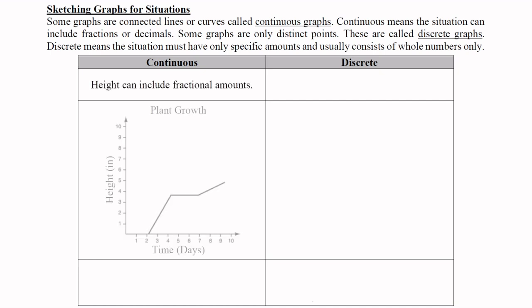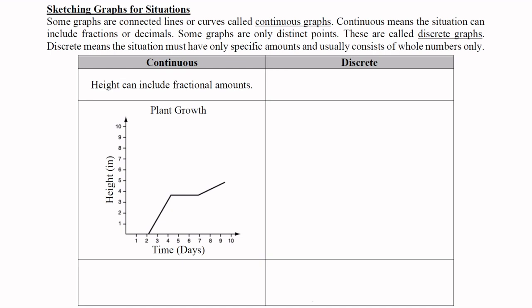A continuous graph is one like shown here, where we're looking at plant growth. We're looking at the height of the plant over time. Height can include fractional amounts. You can see that the plant, on its way to getting 5 inches tall by day 9, at some point before it was 5 inches, had to be 4 inches.